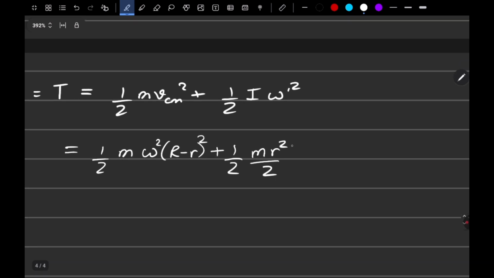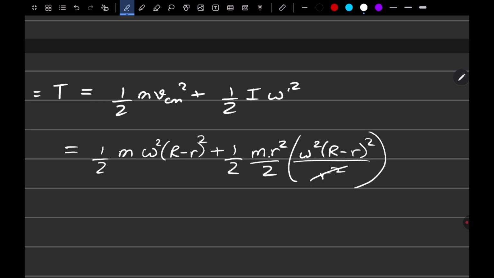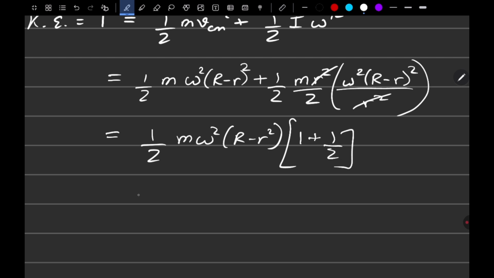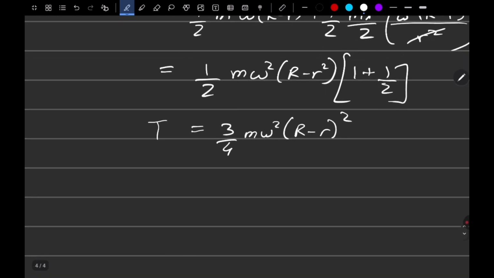So we substitute that over here: omega squared (R minus r) squared upon r squared. So r squared gets cancelled out. What we are left with is half m omega squared (R minus r) squared times (1 plus 1 by 2), which gives us 3 by 4 m omega squared (R minus r) whole squared. This is the kinetic energy of the system.